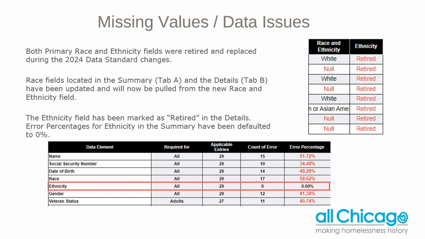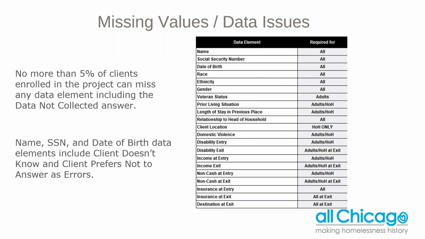It's either due to them not being an adult or not being the head of household. There's some reason why they're not going to be counted in that measure. You should be able to identify that by looking at the required for column for that particular data element, and it'll let you know the clients that should be counted.